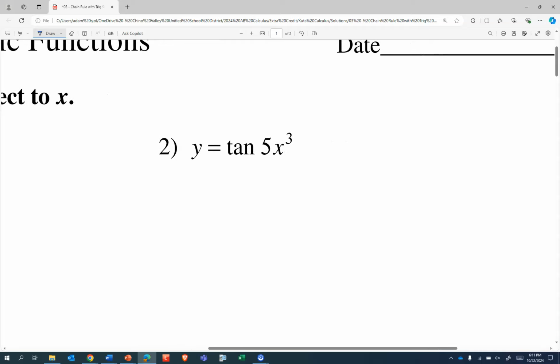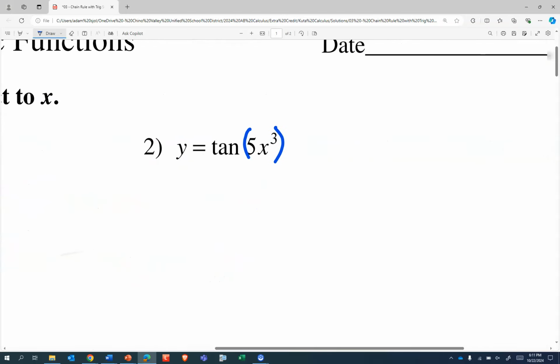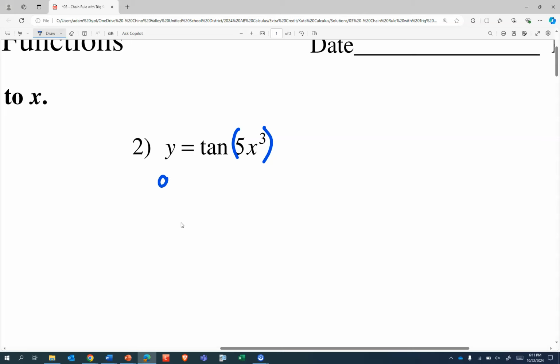Okay, y is equal to tangent of 5x cubed, in a similar structure to the last one. That 5x cubed is an input to tangent. It says derivative with respect to x, so we can write dy dx or y prime. I'll do dy dx. The derivative of tangent of something is secant squared of that something.